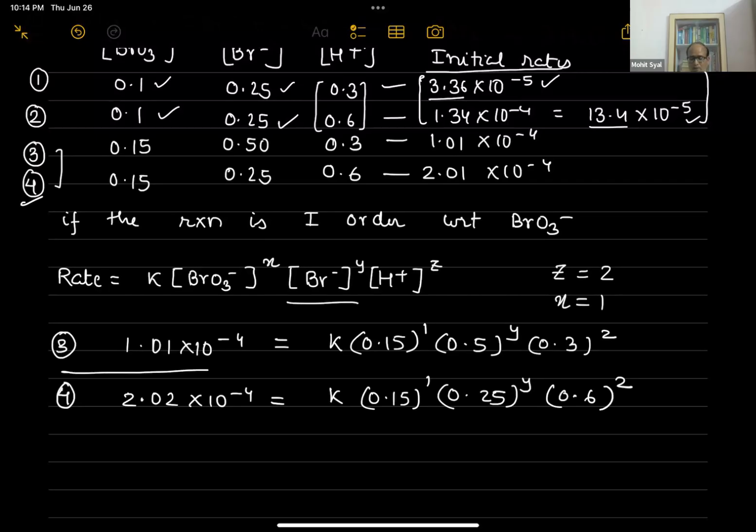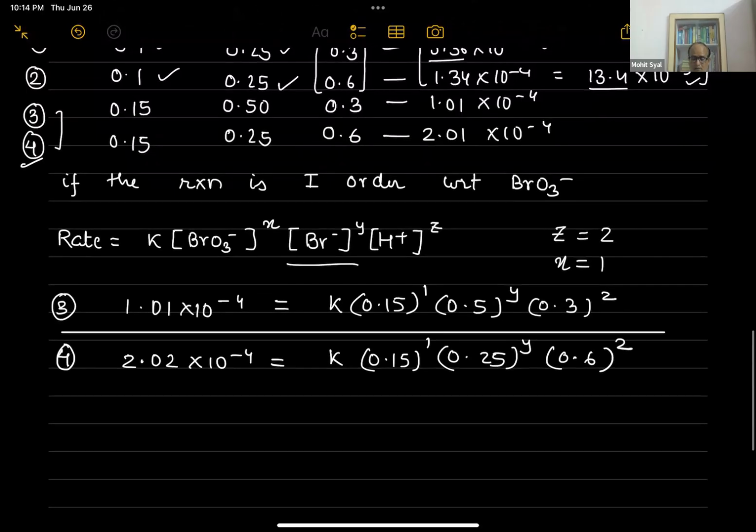Now divide the two equations. So this will get cancelled. This will get cancelled.